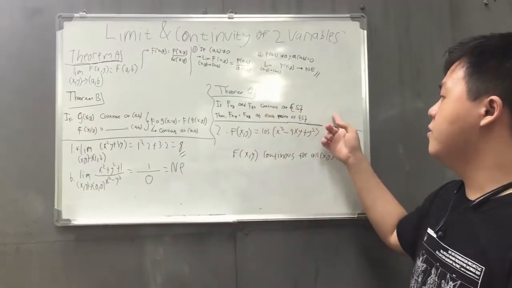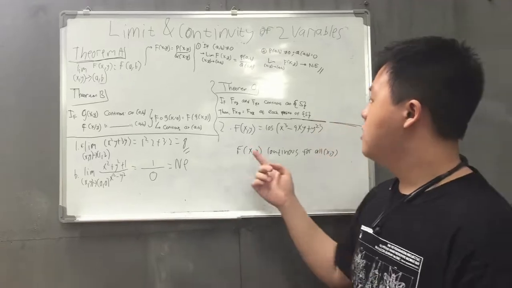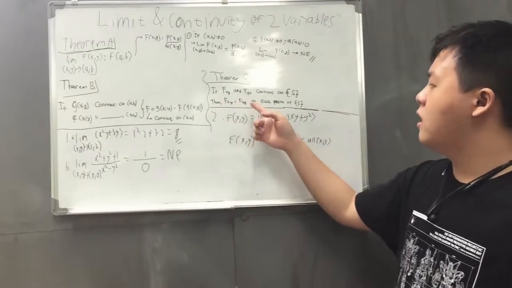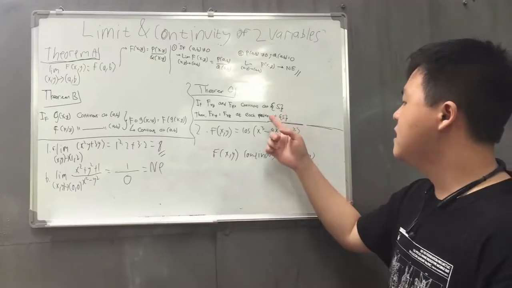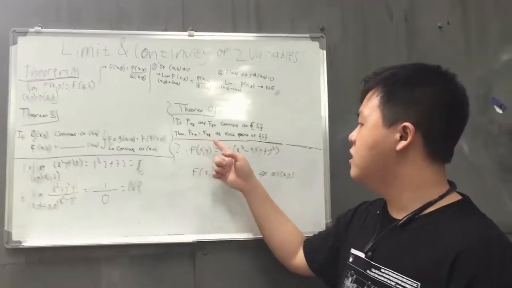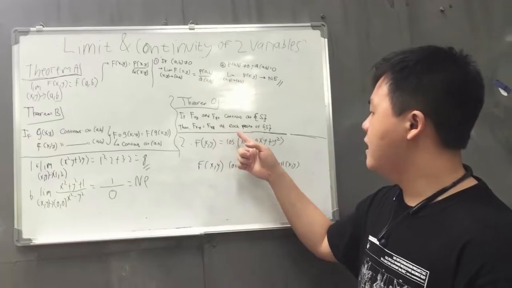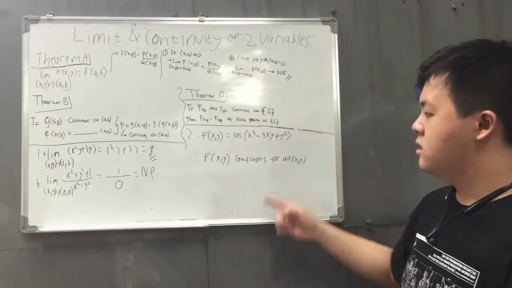And the last theorem is this: if f_xy and f_yx are continuous on an open set S, then f_xy equals f_yx at each point of the open set S.